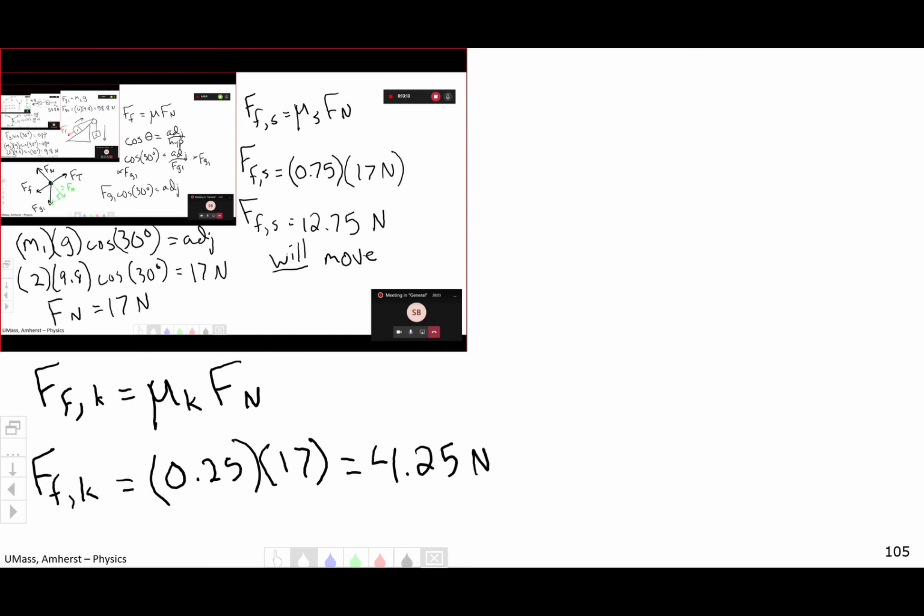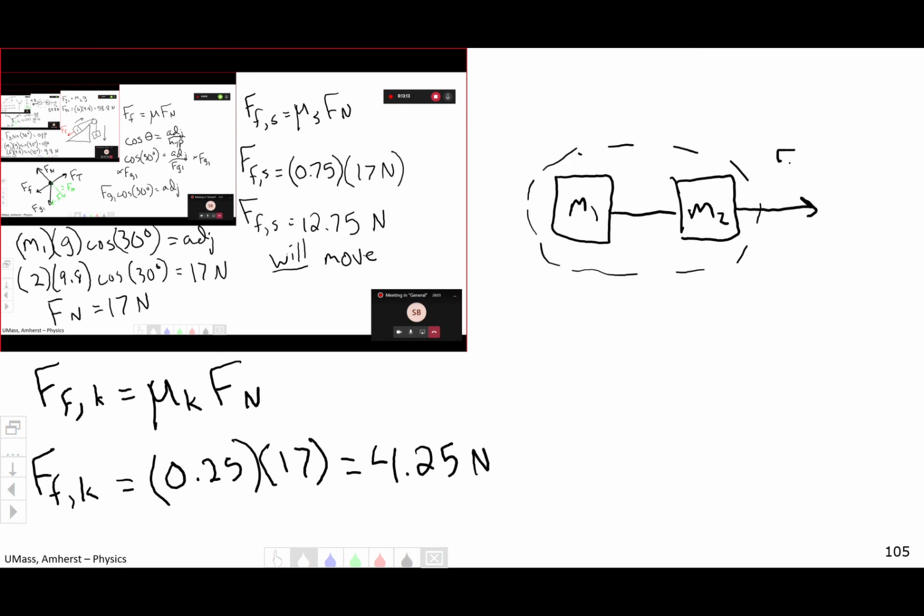So now, if we go back to our funky diagram, we're going to see that we have mass 1 attached to mass 2. I'm going to draw my dotted line. We said that there was 58.8 newtons pulling this way. We had 9.8 newtons pulling that way, and now we know that there's another 4.25 newtons from friction.